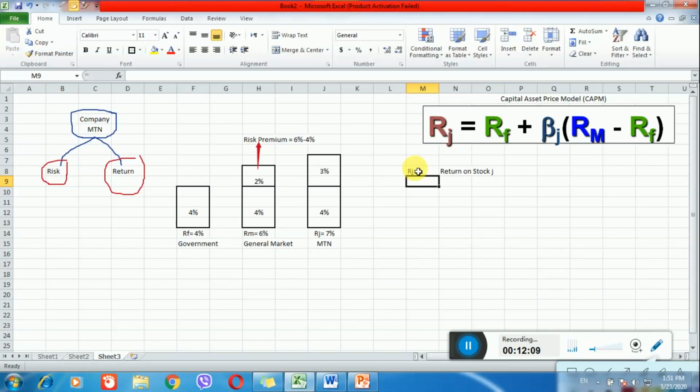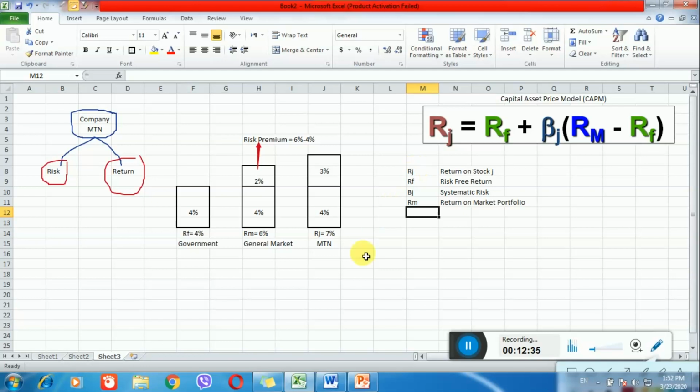Then we have RF, our risk-free return. Then we have beta, which shows systematic risk, which I explained earlier. And then we have RM, the return on the market or market portfolio.